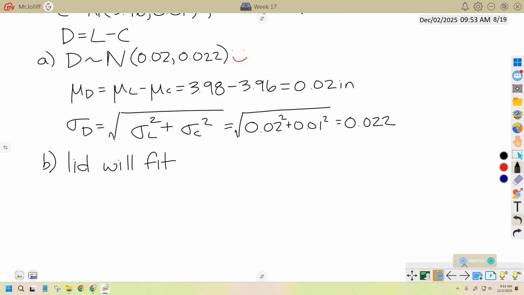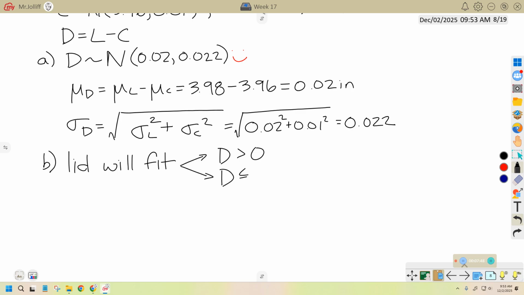There were two conditions. What were those two conditions? L has to be bigger than C, so I want the difference to be bigger than 0 when I subtract L minus C. Good. What else? No more than 0.06 inches. Good.